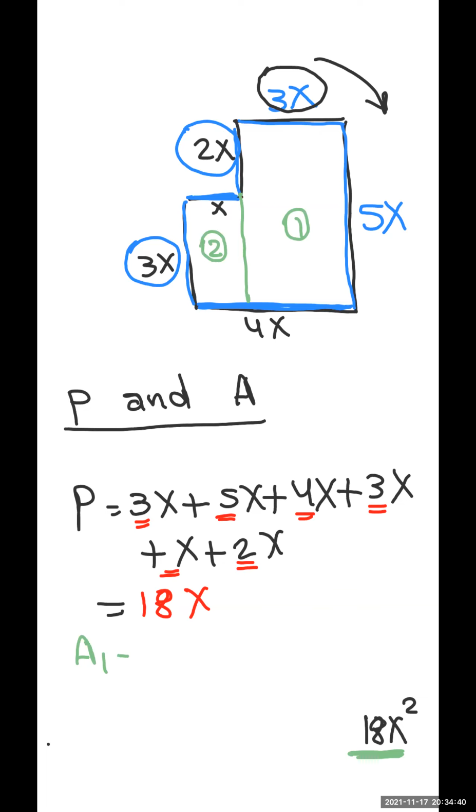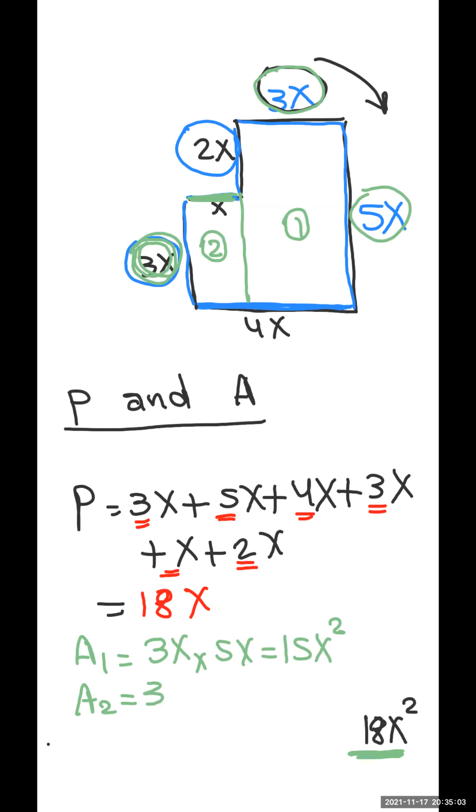Area 1 will equal, here, this one is 3x and this one is 5x. So 3x times 5x will equal 15x squared. Area 2 will equal 3x times x. So 3x times x will equal 3x squared.